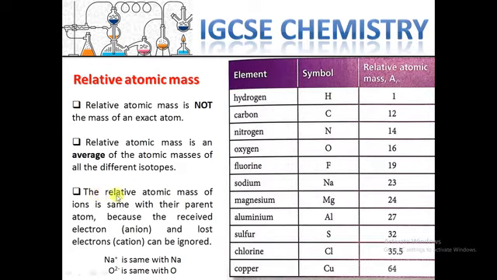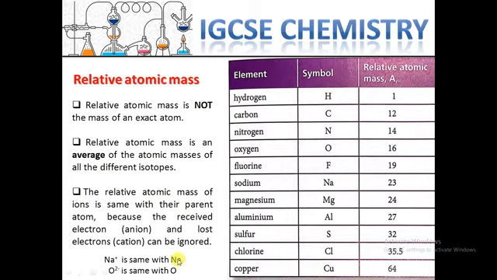Another note is that the relative atomic mass of ions is the same as their parent atom. What does that mean? For example, we have the sodium cation. The parent atom is sodium.